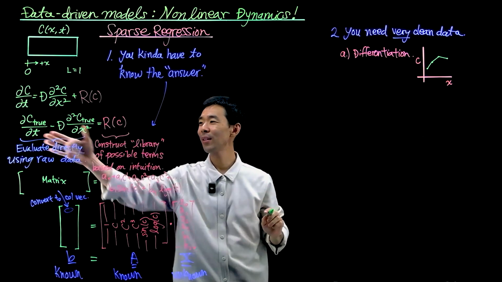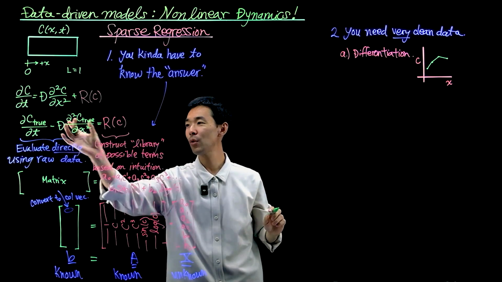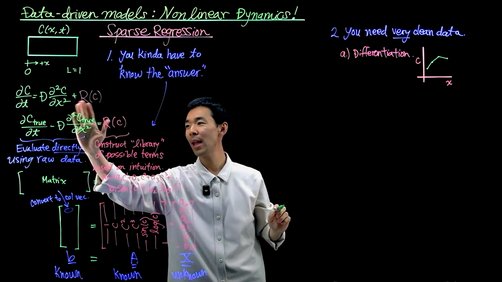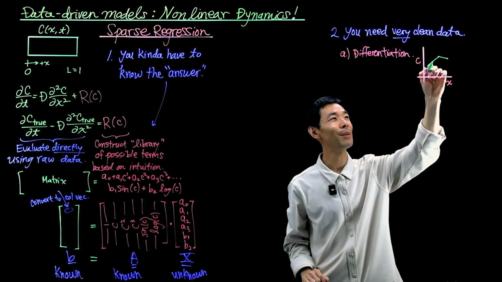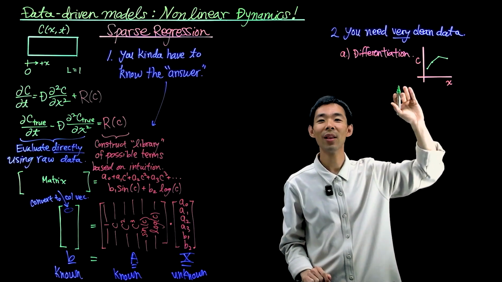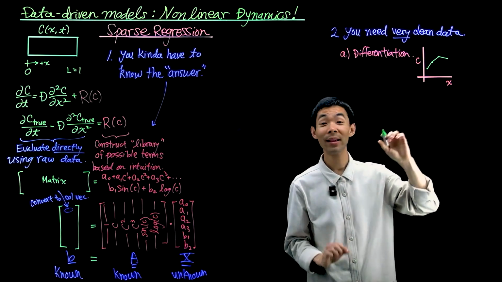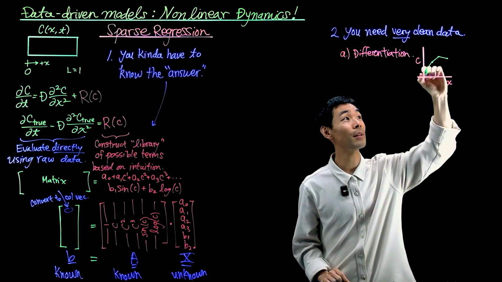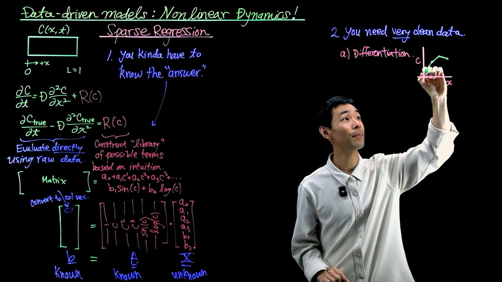On the left-hand side of this equation, we took our data set, C true, and took a time derivative and a second spatial derivative. So we're taking finite differences between individual points and just drawing lines between them, with the assumption and hope that the true data set looks like a smooth curve that goes through all of these points.